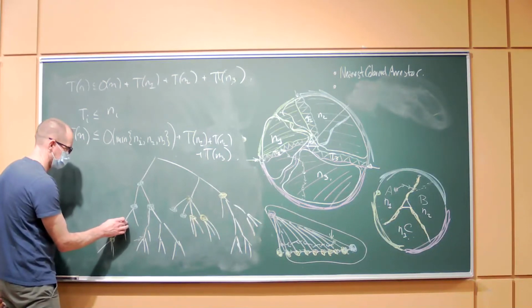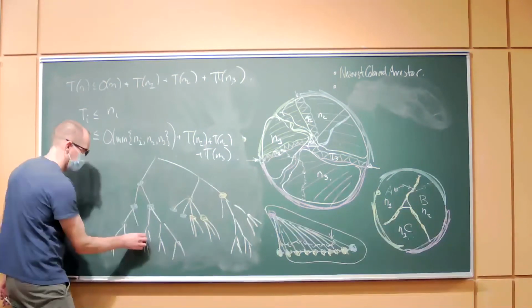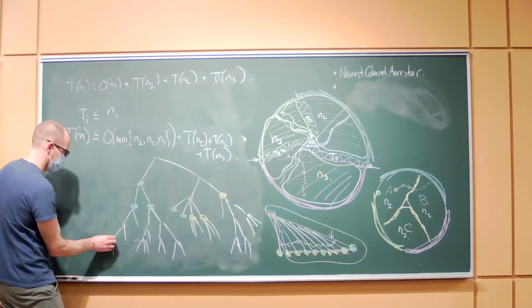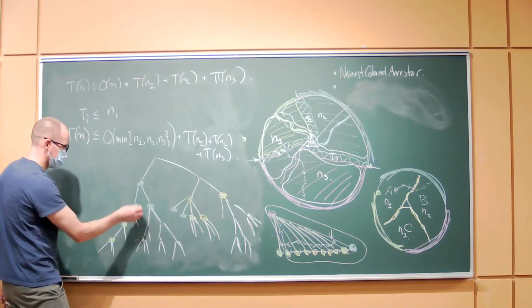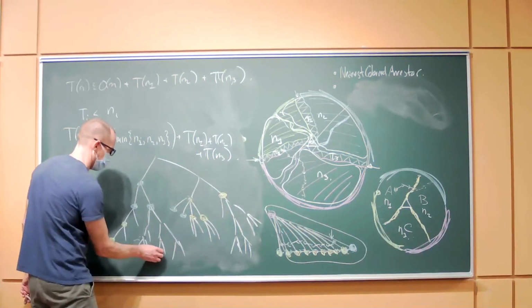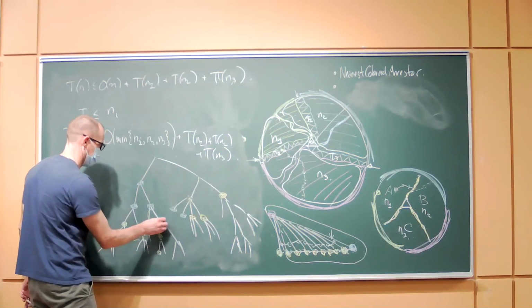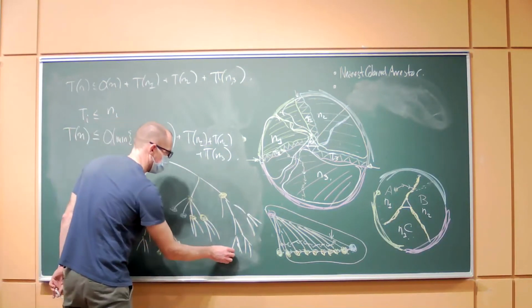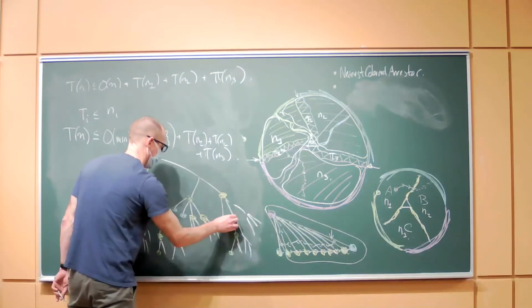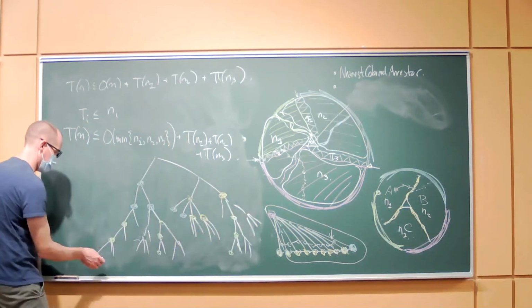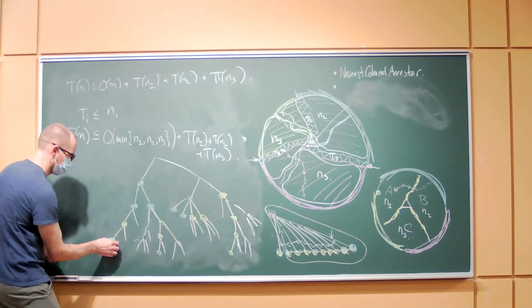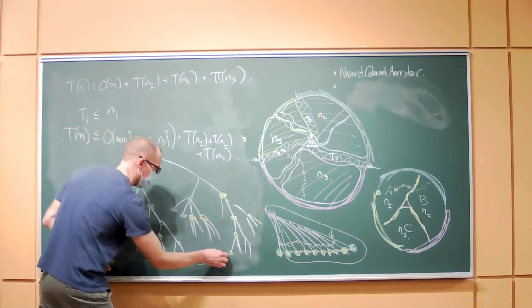In fact, it'll be one path like this, maybe another path like this, and a third one maybe like this. Because in your graph, this was your Sperner triangle.